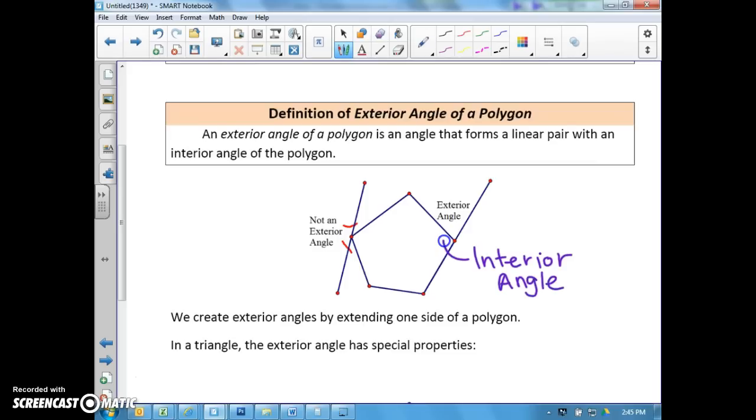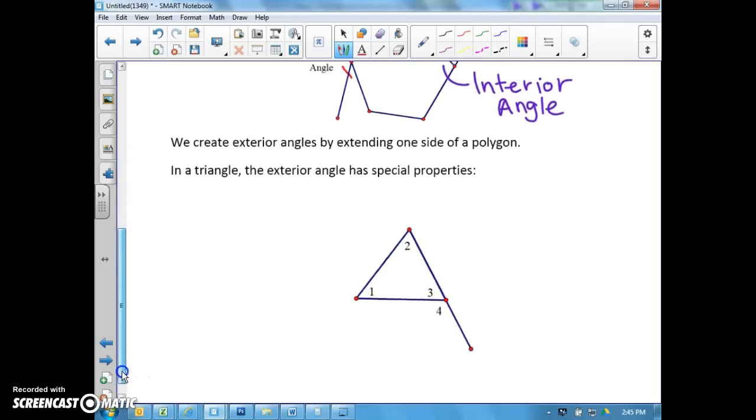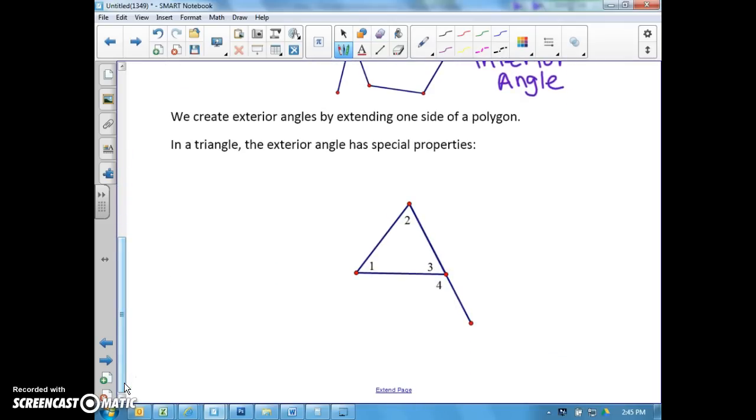So we're able to create this exterior angle by extending the side of the polygon, and in a triangle in particular, exterior angles have very special properties. Here you can see my interior angles are angles 1, 2, and 3, and my exterior angle is angle 4.